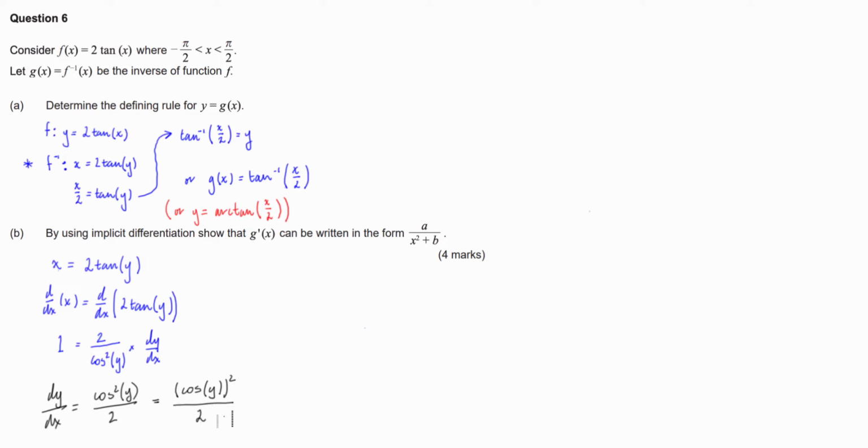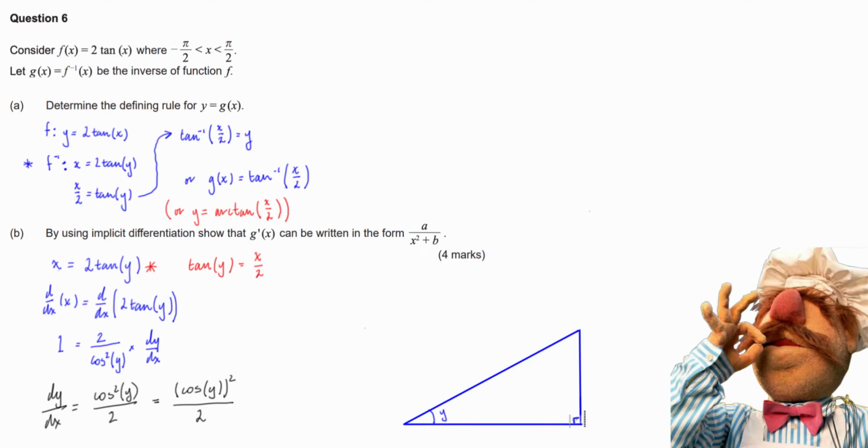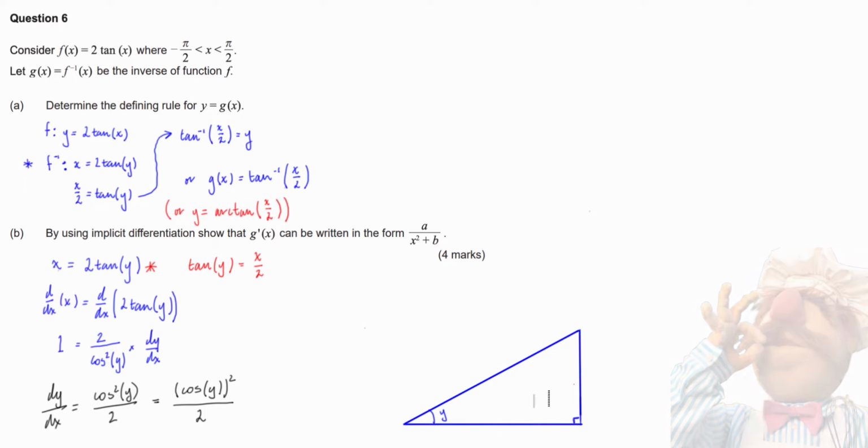And from here, we're going to rearrange this formula. So we have the tan of y is equal to x over 2. From this, we can use a right angled triangle to relate the tan of y to the cosine of y. So here's one I prepared earlier. We've said that the tan of y is equal to x over 2. So if we have an angle here, y, the tan is the opposite side over the adjacent side. So this would have to be x over 2.